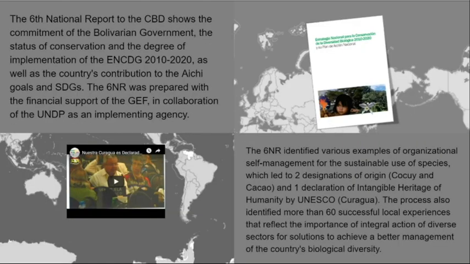The sixth national report to the CBD shows the commitment of the Bolivarian government to evaluate the status of conservation and the degree of implementation of the national strategy 2010 to 2020, as well as the country's contribution to the Aichi goals and the SDGs.